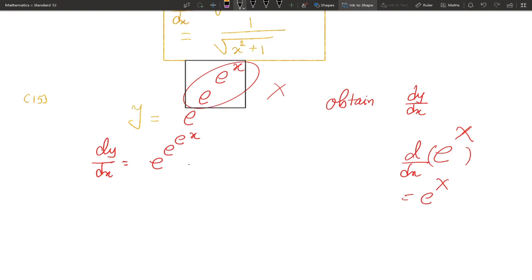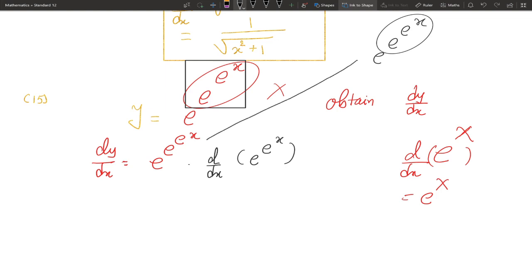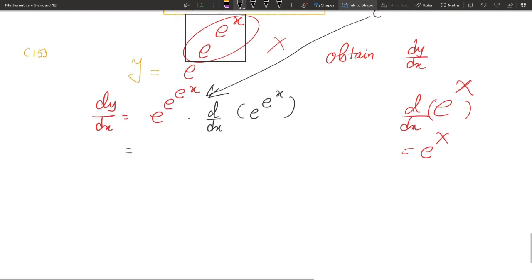So by chain rule, d by dx of e raised to X. So first here you observe e raised to X, we have taken this as capital X. E raised to X, its derivative is e raised to X. Put value for capital X. Now power is capital X, which is function of small x. So we have used chain rule.